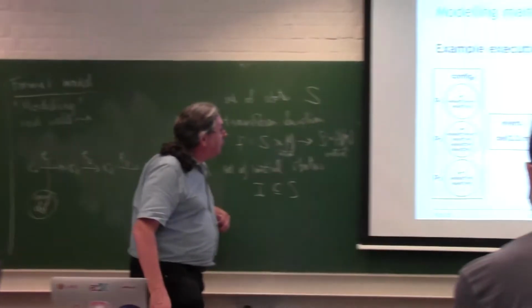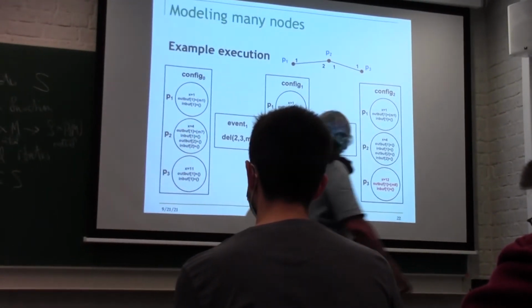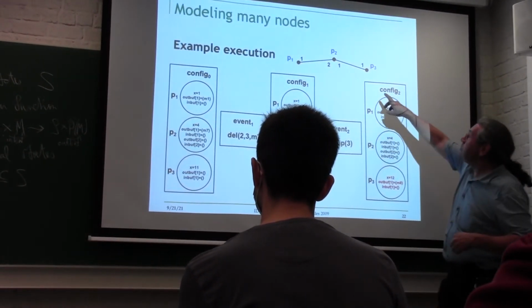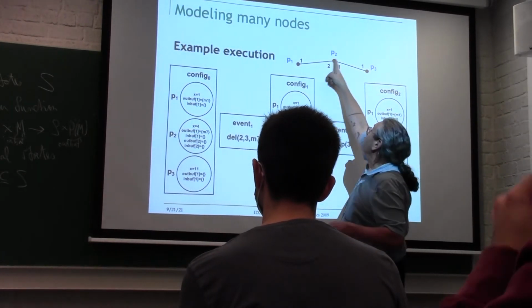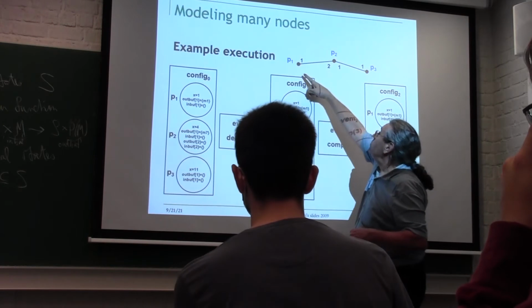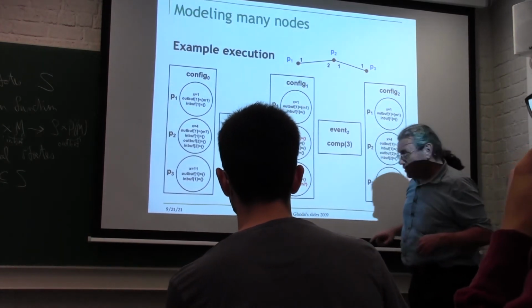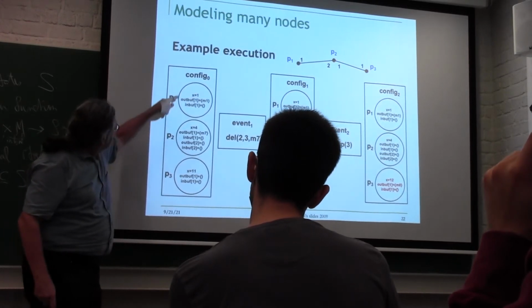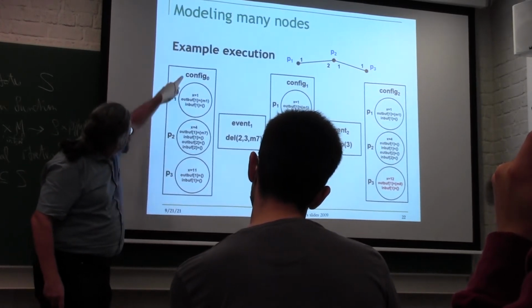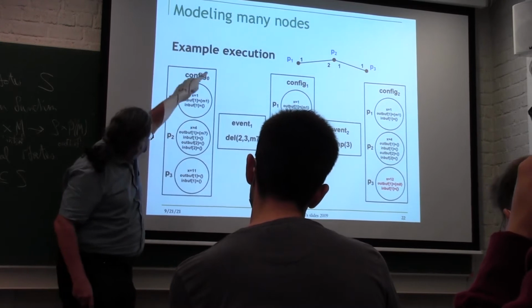Okay, so here's an example of a system, simple one, huh? So this system has 3 nodes, P1, P2, P3, and 2 network connections, between P1 and P2, and P2 and P3. So here I have P1, P2, P3, the 3 states. So this is my configuration C0, okay?